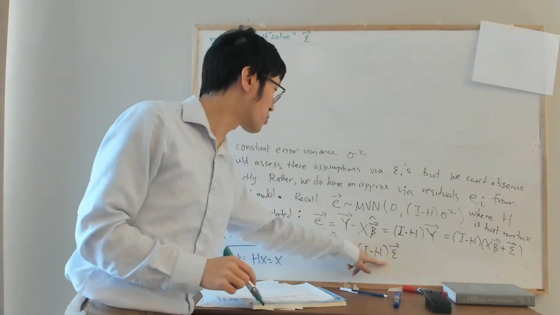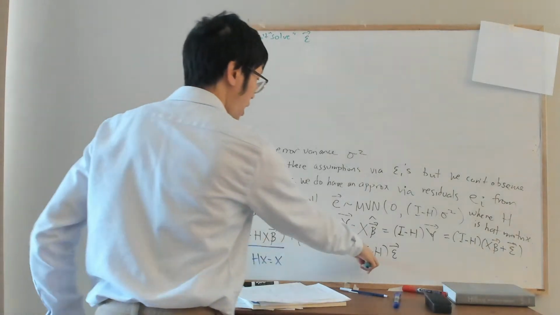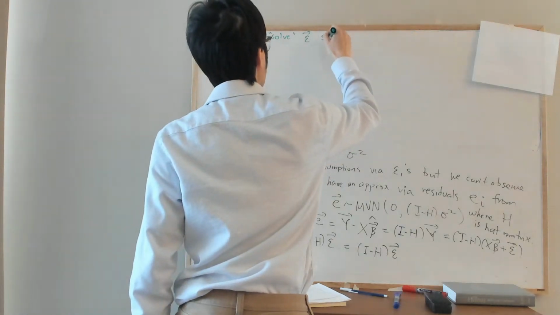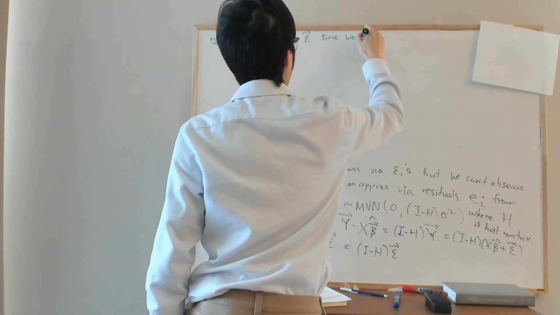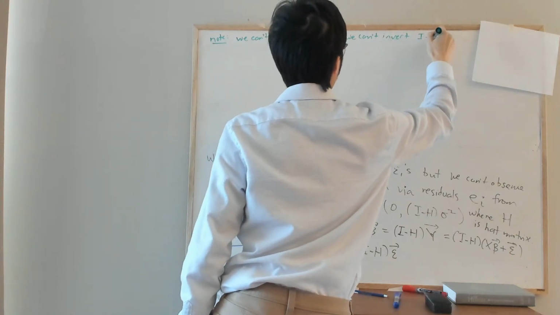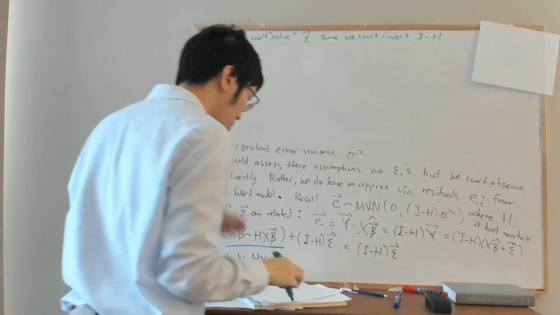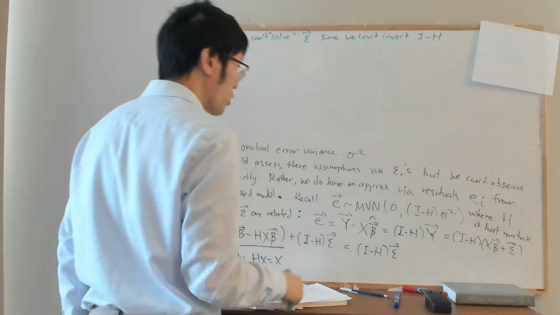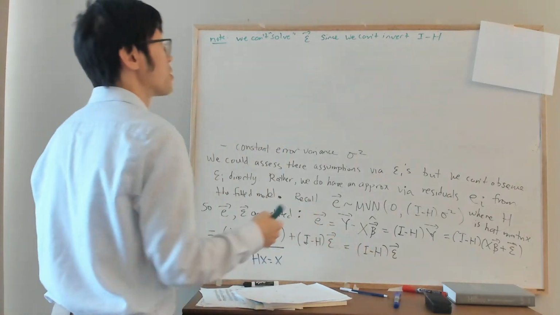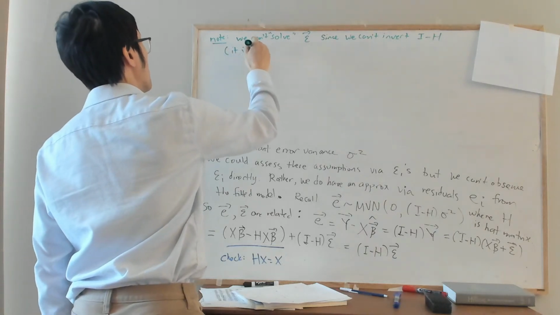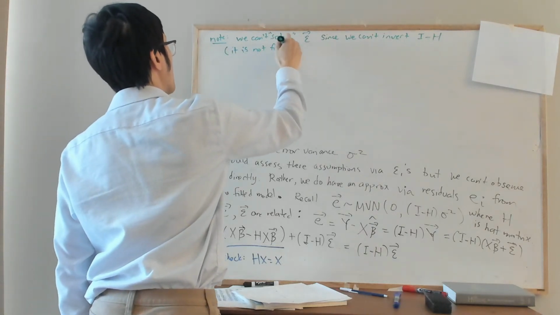But you can't, because I minus h is not invertible. Why can't we invert it? Because it is not full rank.